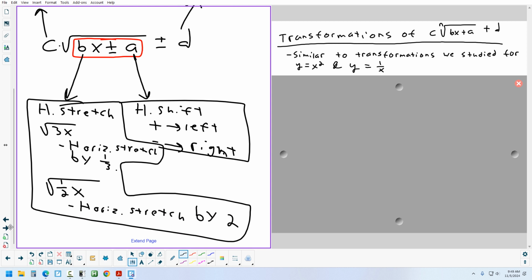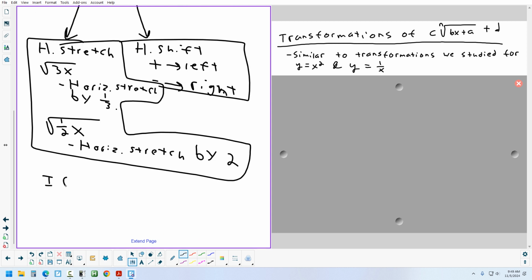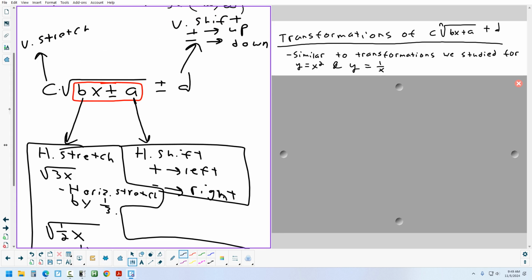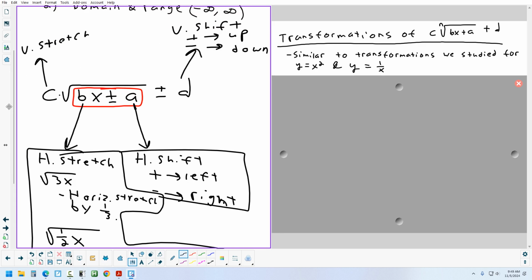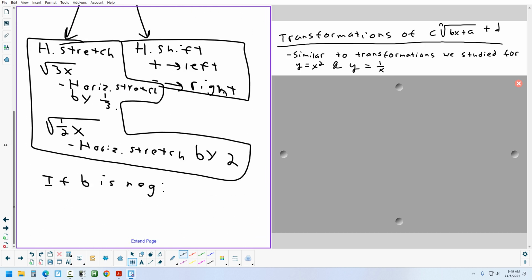Now, what would happen if B is a negative? Does anybody remember what a negative causes your graph to do? Flip. And since B has to do with horizontal stuff, that would be a horizontal flip, or horizontal reflection.